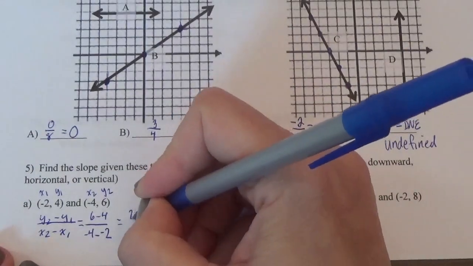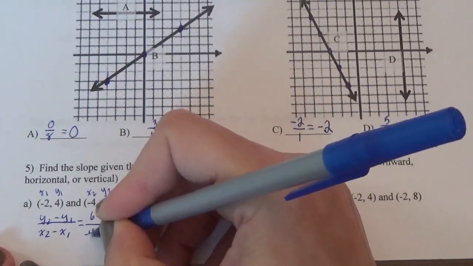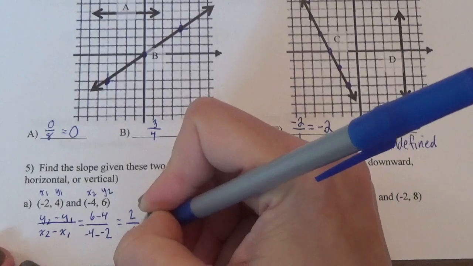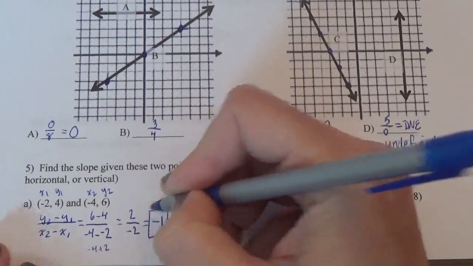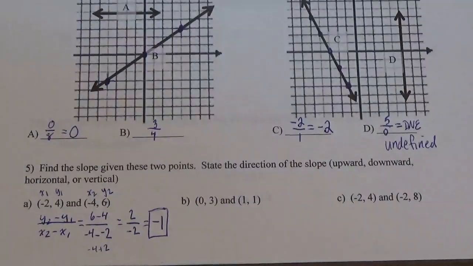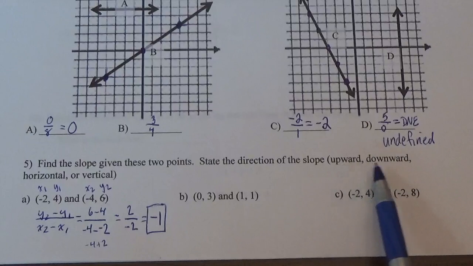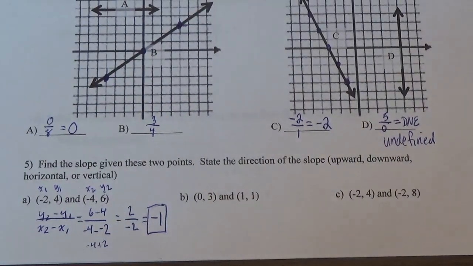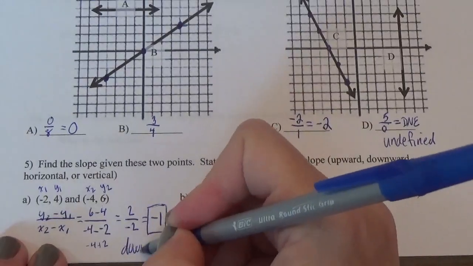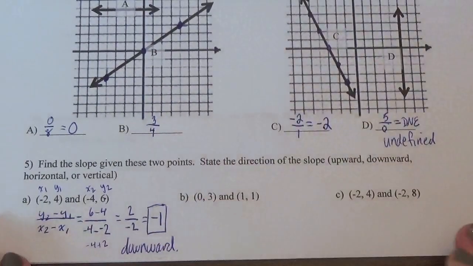So that's 2 over, that would be negative 2, right? Negative 4 plus 2, yep. So this slope is negative 1. Now, it wants us to say if it's upward, downward, horizontal, or vertical. What does a negative slope look like? Well, that's going to be downward.